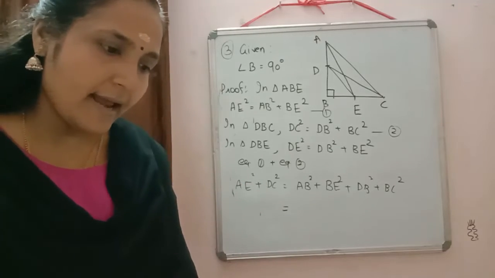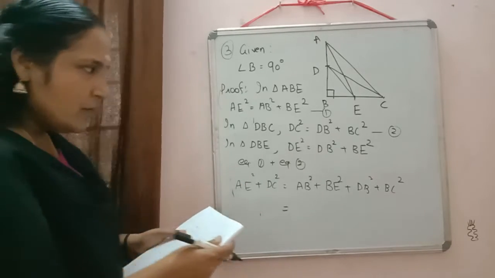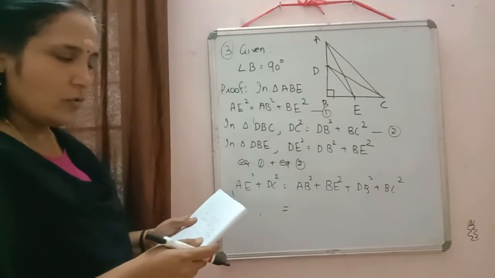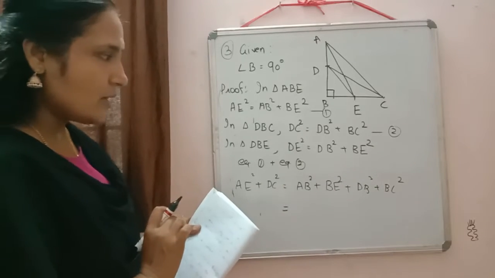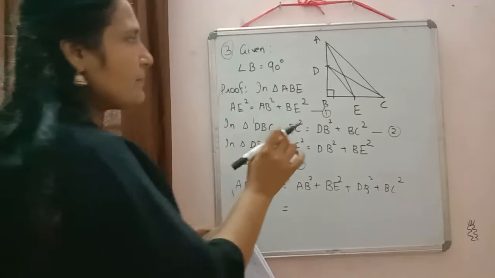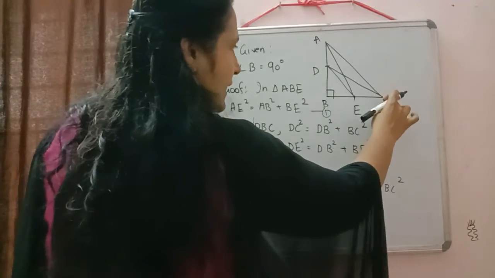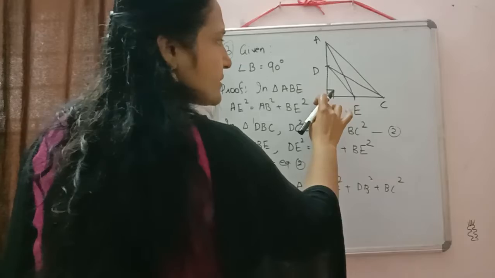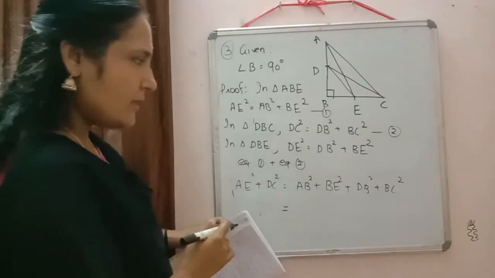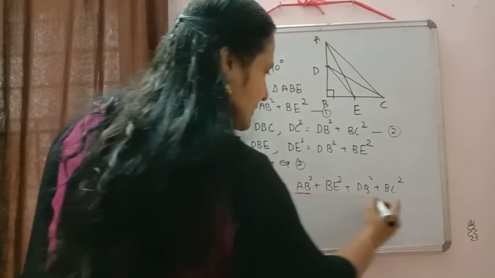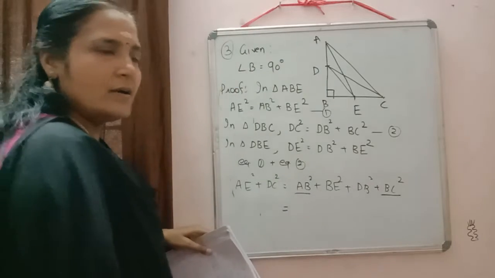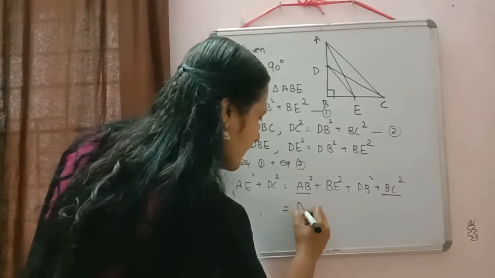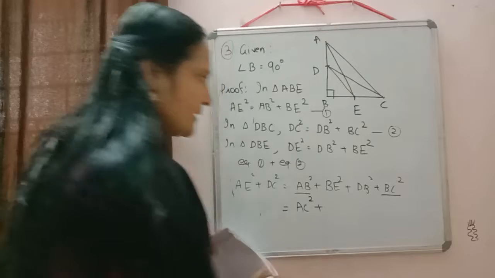Now we will check in the right hand side what we need. Do we need all these sides? No. What we need? AC square. So just to check, according to the Pythagoras theorem, what will come? AC square is equal to AB square plus BC square. Do we have AB square plus BC square? Yes, we have. So AB square plus BC square can be written as AC square.